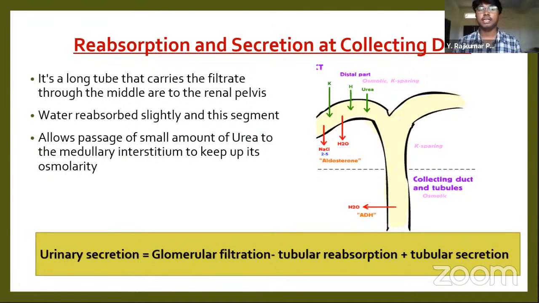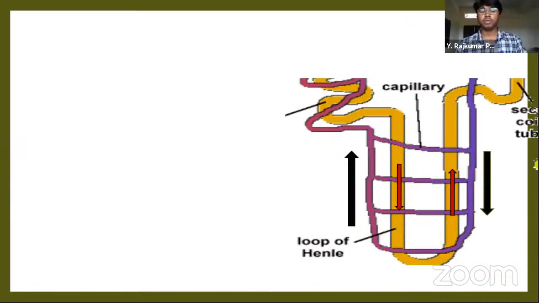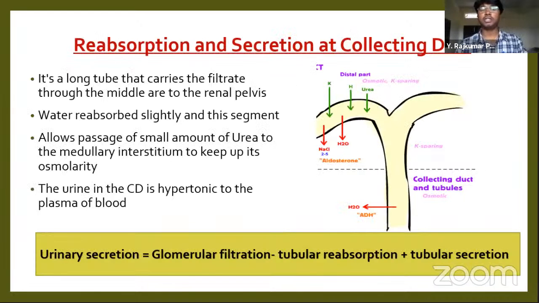If something is getting into the medullary interstitium, it means it is entering the blood vessels. The urine in the CD, that means collecting duct, is hypertonic to the plasma of blood. You can see here the urinary secretion. Urinary secretion is equal to glomerular filtration minus tubular reabsorption plus tubular secretion. This is the final equation for better understanding.